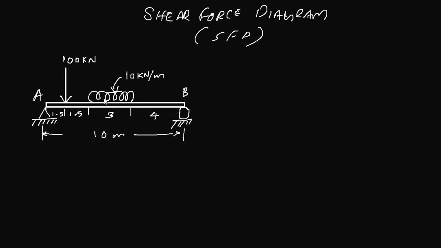So whenever you have a uniformly distributed load, you can calculate the total load of that UDL, which is equal to 10 kilonewton per meter over 3 meter. So 10 times 3, that is equal to 30 kilonewton.